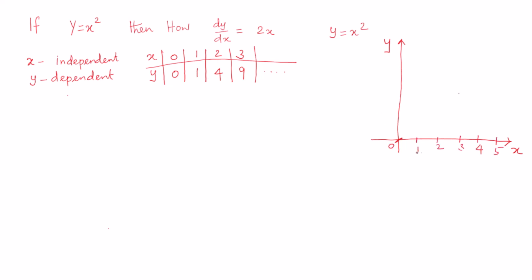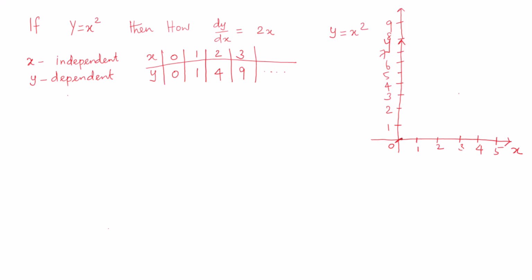If we denote 0, 1, 2, 3, 4, 5 and in this axis 1, 2, 3, 4, 5, 6, 7, 8, 9. Just like this, if you extend this axis, then it will come.